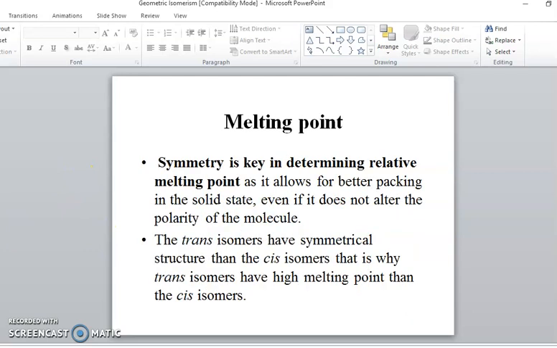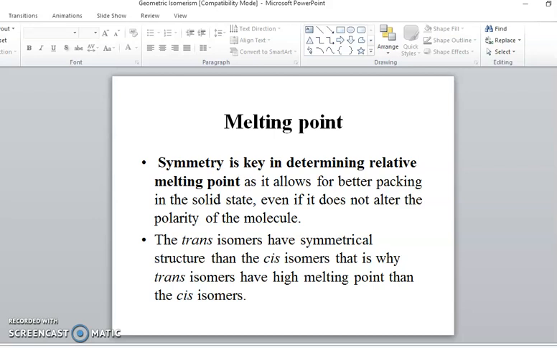We will discuss the melting point. Remember, melting point is for solids. We usually speak of melting point for solids. As the packing becomes more efficient, the molecules are tightly packed, and thereby the melting point increases.